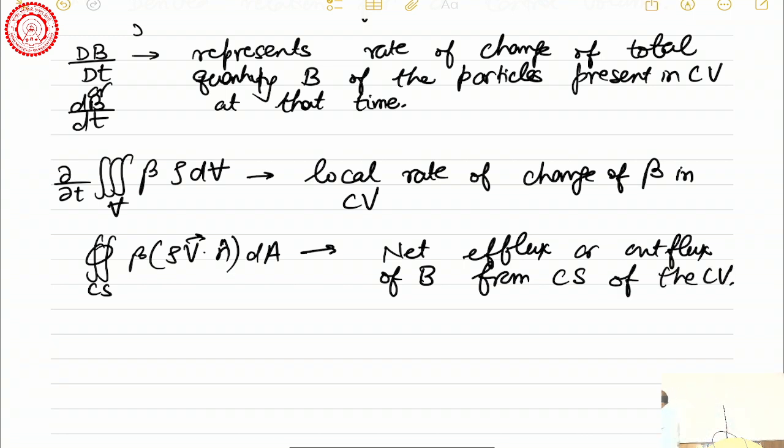When I say net outflux or net efflux, it means if there is an inflow, then we add it up with a minus sign. Net rate of how much of the property is flowing out of the control volume through the control surface is given by the integral of beta rho v dot n dA.